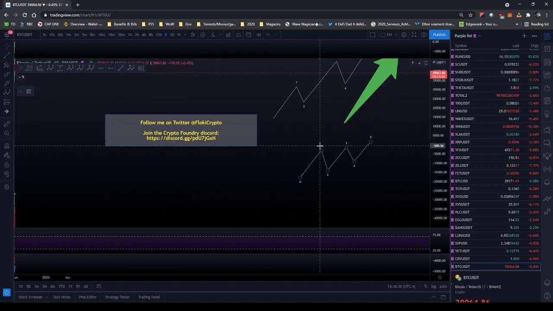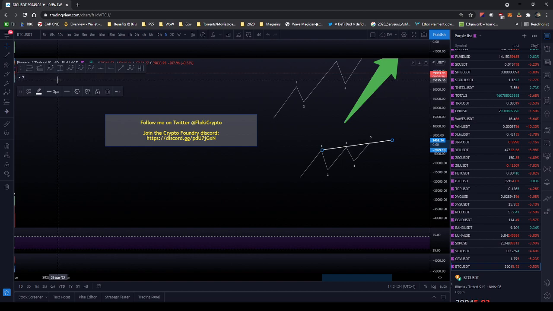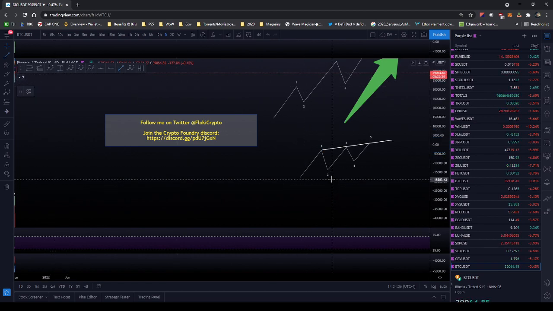Normally the shape of these is either contracting or expanding. I'm showing you the contracting one right now.